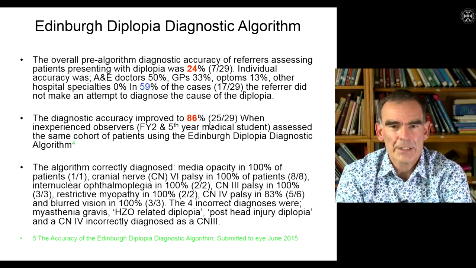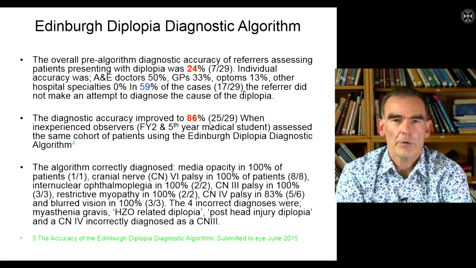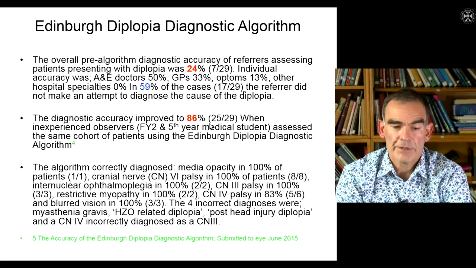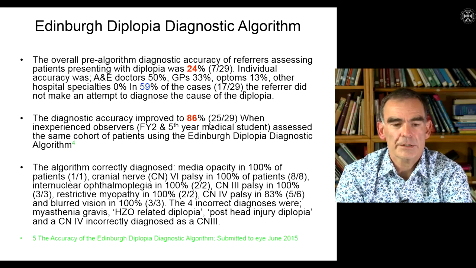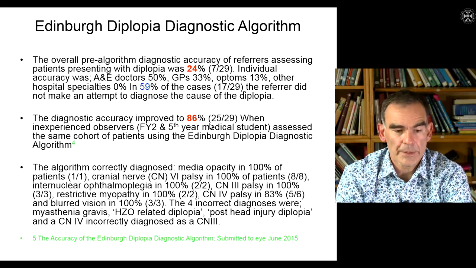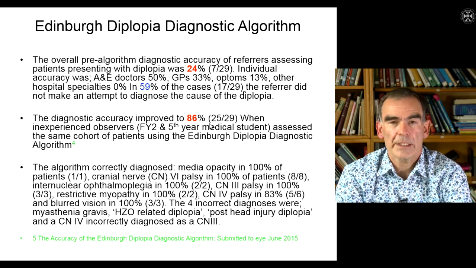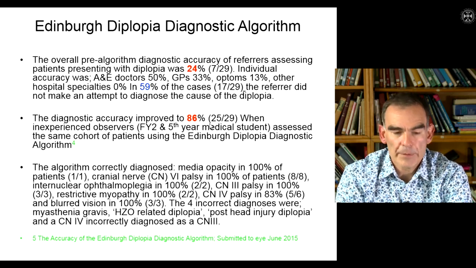So they're always a balance between having enough detail but not being off-putting. So for instance, one of the incorrect diagnoses was myasthenia gravis, which is a notoriously difficult thing to diagnose anyway. The algorithm diagnosed that as a third nerve palsy. So we weren't unhappy with that.